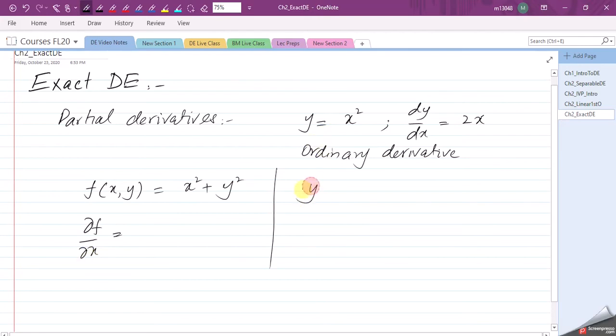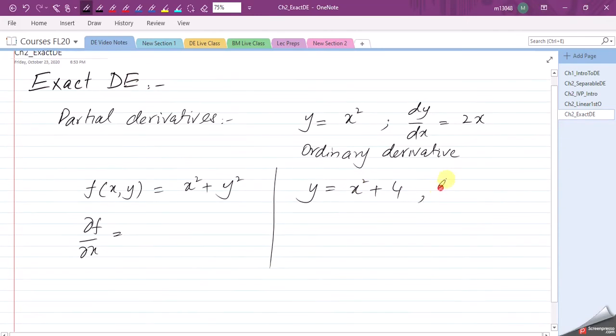Let's go back to our ordinary derivative example and let's see what happens if we have x square plus 4. What is the derivative in this case? dy by dx equals 2x plus 0, and it is still 2x. Why is there a 0 here?